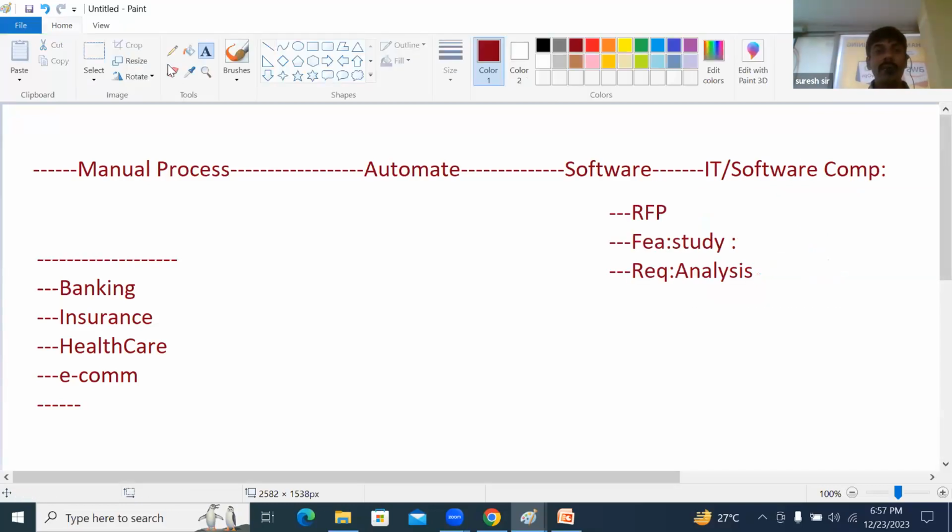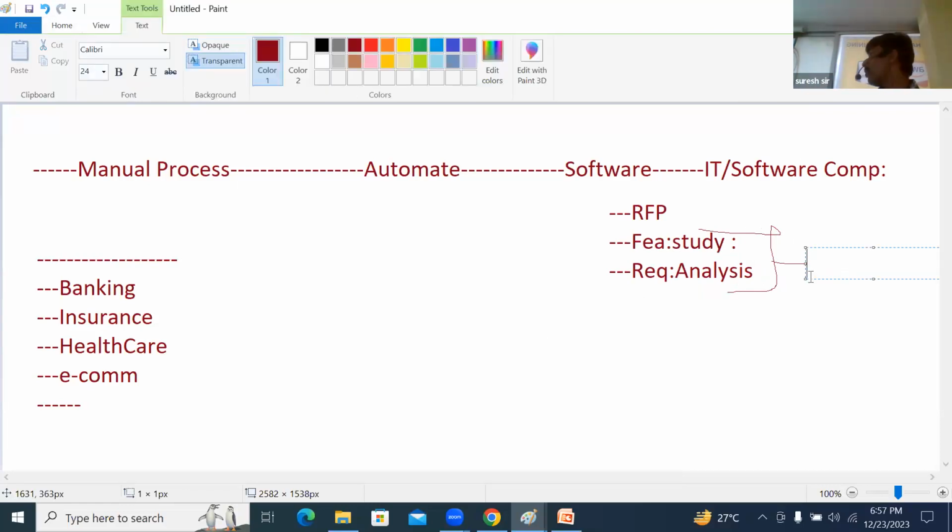These two activities, feasibility study and requirement analysis, are not taken care of by freshers, but by experienced people: a BA, an SME, or a Scrum Master.